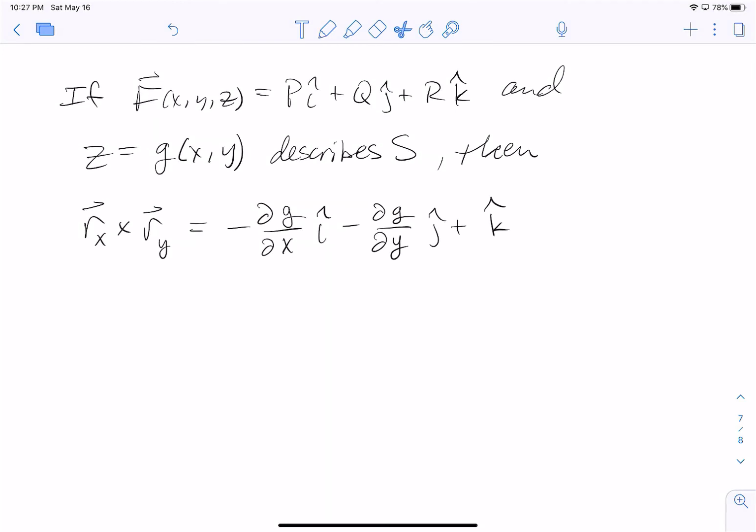And you can verify that by crossing the vector 1, 0, partial of g with respect to x with 0, 1, partial of g with respect to y.